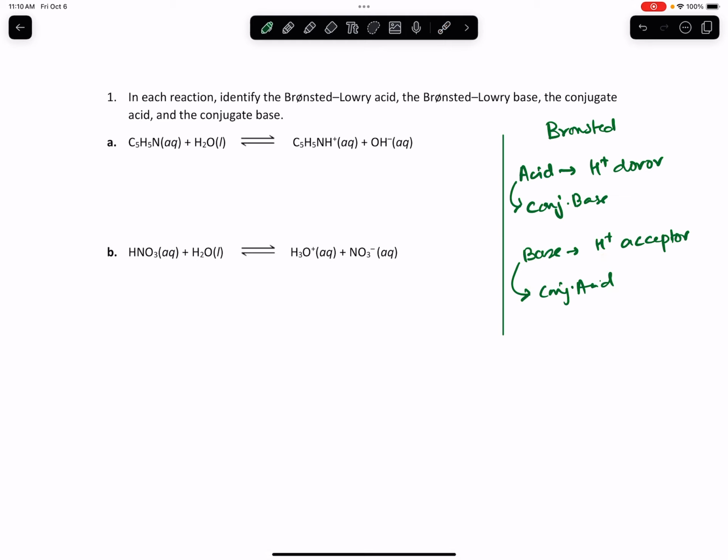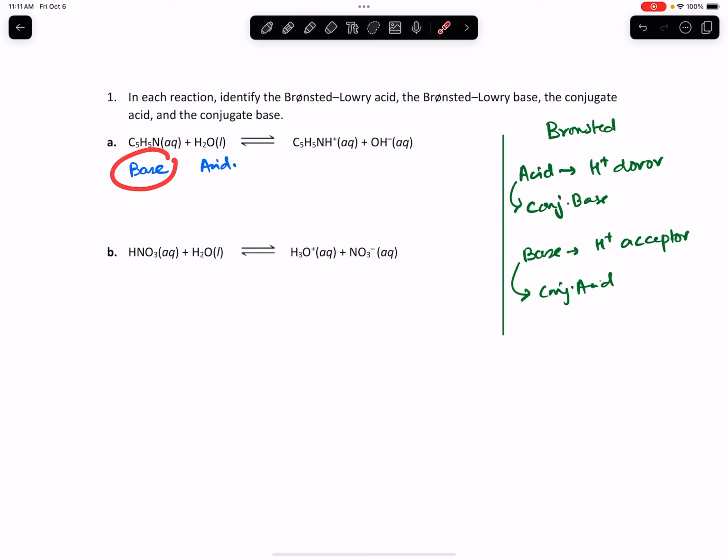All right, so now let's take a look at problem A. In problem A, we have this molecule reacting with water, and notice carefully how this molecule accepts a proton. So therefore, this species is going to be the base. And since it's reacting with water, and water is the one giving its proton off, this is going to be the acid.